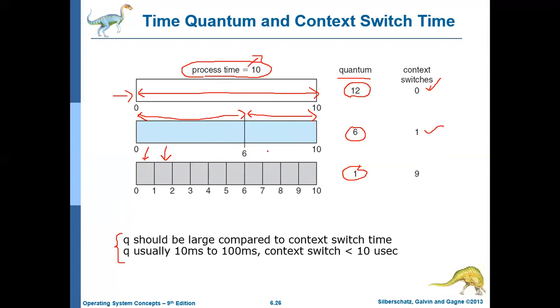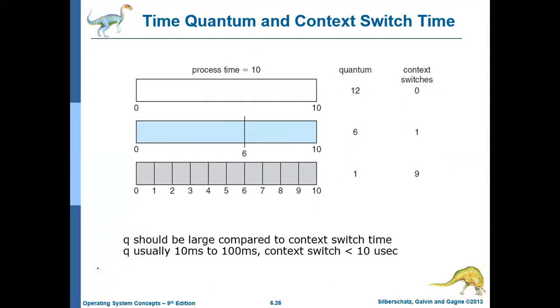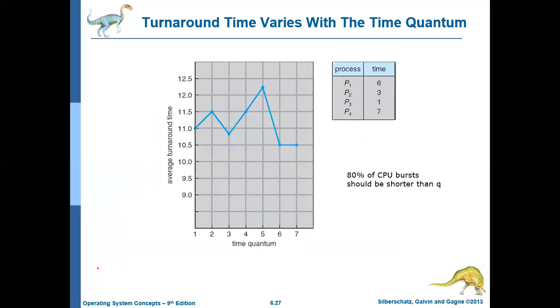Like that it will continue. Totally it needs 10 milliseconds, so to complete a job of 10 milliseconds, there will be 9 context switches, which is very high. It also increases the CPU overhead. So identifying the correct value for Q is a crucial thing when you are working with the round robin scheduling algorithm.